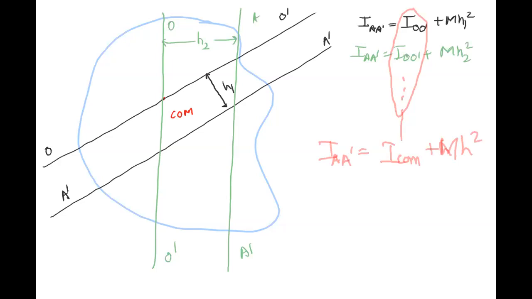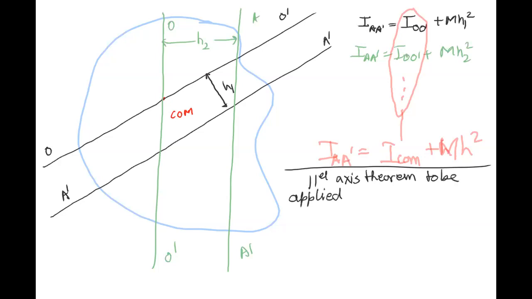So the parallel axis theorem is applicable for an infinite pair of axes, provided that you are able to answer 3 questions. I'll write it here. The parallel axis theorem can be applied if: number 1, the 2 axes are parallel to each other.